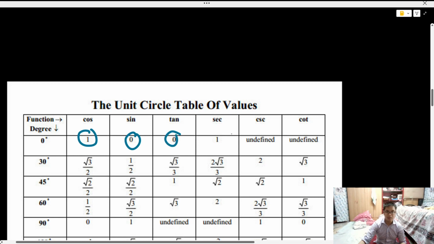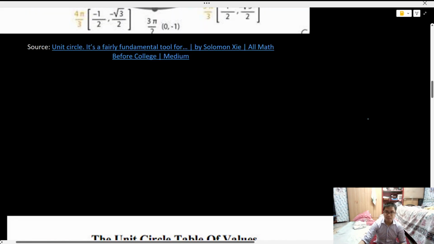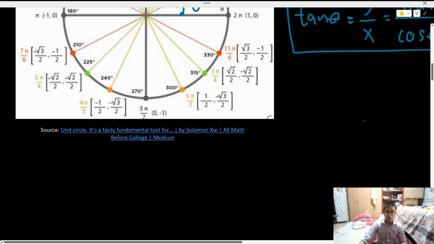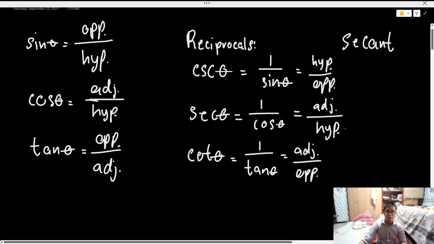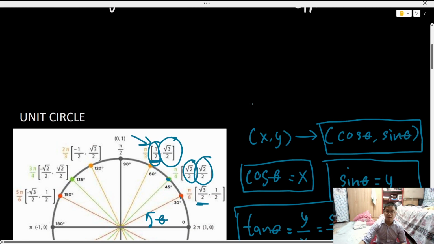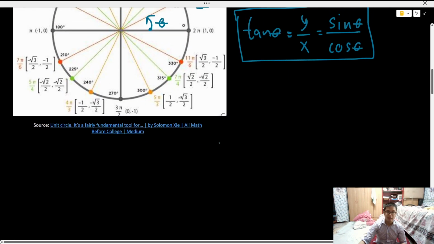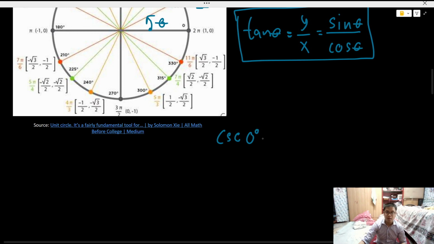Tangent 0. By the way, how about if you're looking for secant, cosecant, and cotangent? Well, it's simple. All you need to do is memorize this one. Like for example here, sine 0 degrees, right? So for example, I would like to find cosecant of 0 degree.